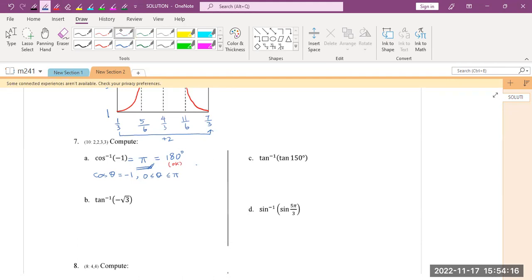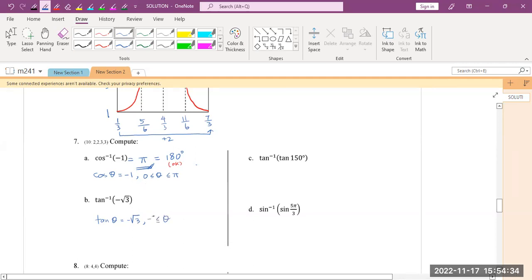tangent inverse of -radical 3? Then you need to ask yourself, tangent of what angle equals negative radical 3? And don't forget, the restricted range for tangent inverse is from negative pi over 2 to pi over 2.